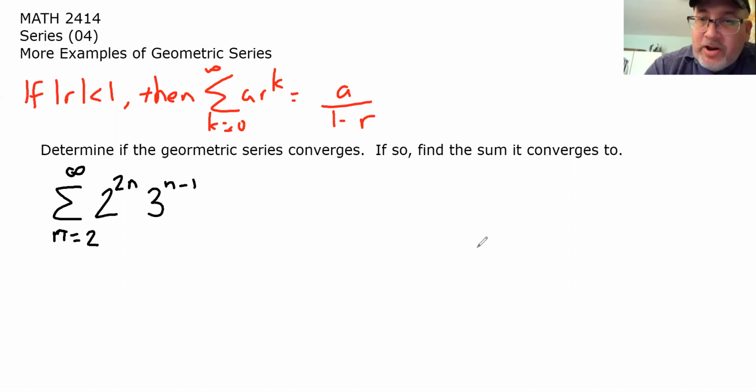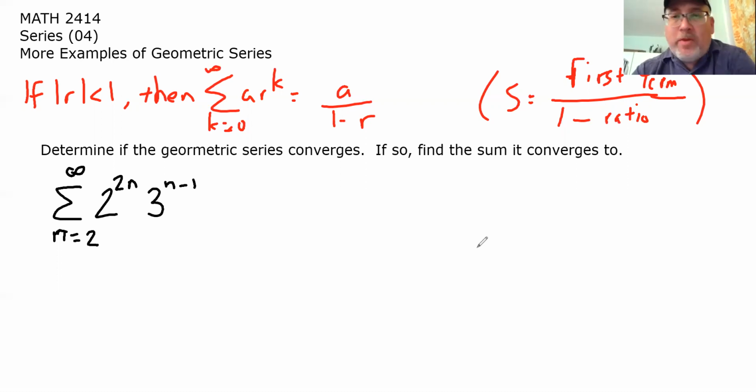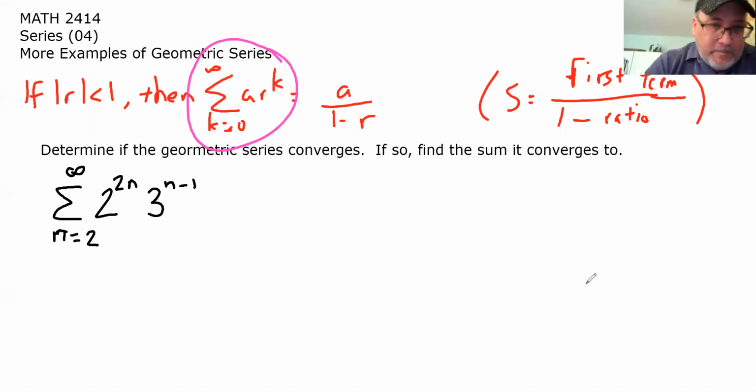Or more generically, the sum is equal to the first term, once you've established that it's geometric and the ratio is small enough, over 1 minus the ratio. To me, that's the more descriptive, because saying first term over 1 minus ratio does not require that your series look like this.